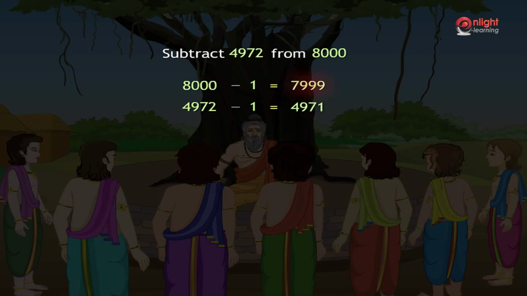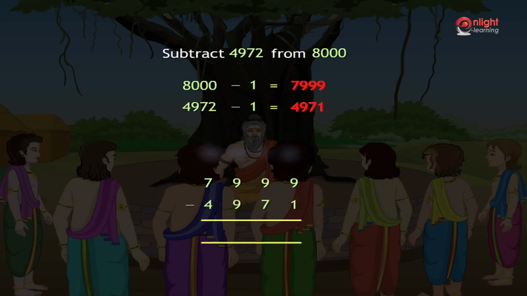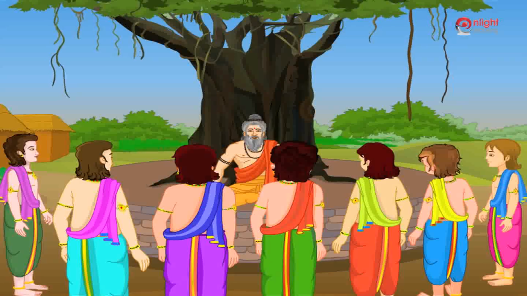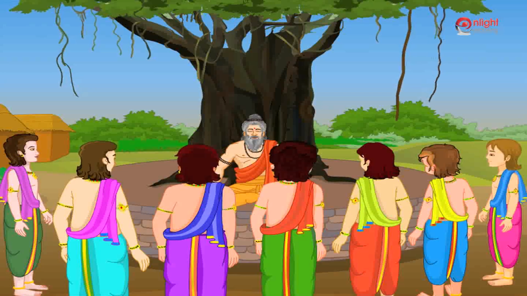Now subtracting these numbers will be very easy. 7,999 minus 4,971 gives 3,028.